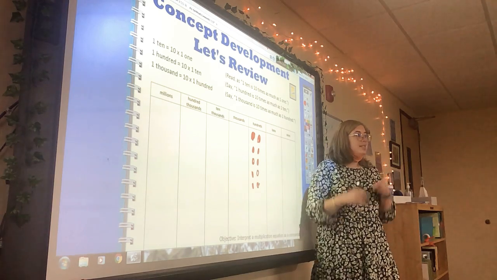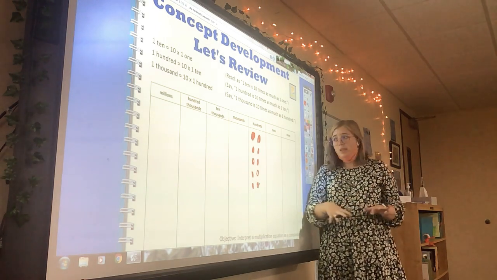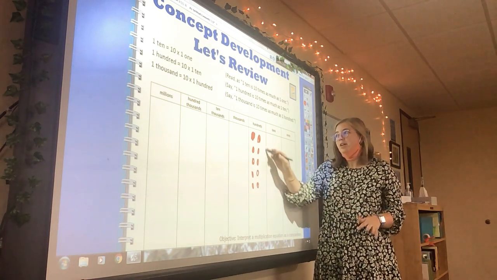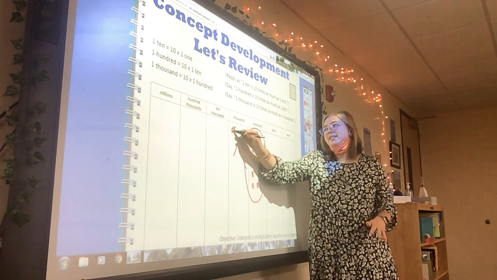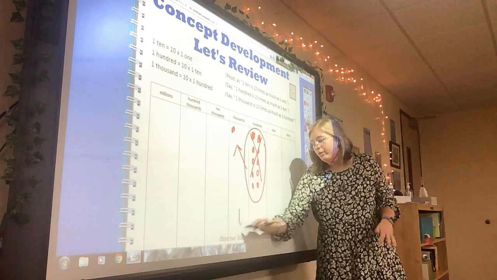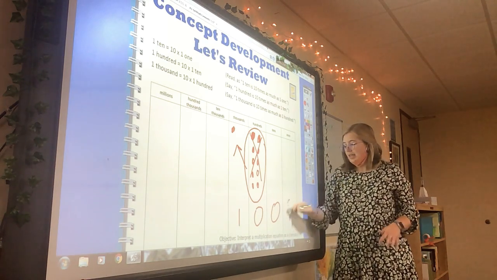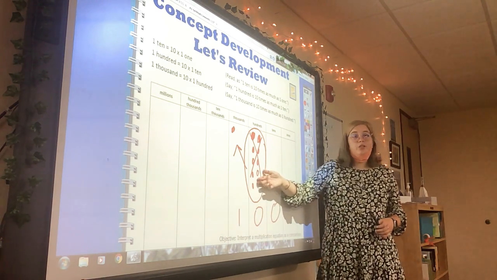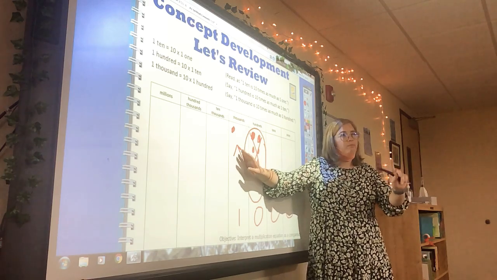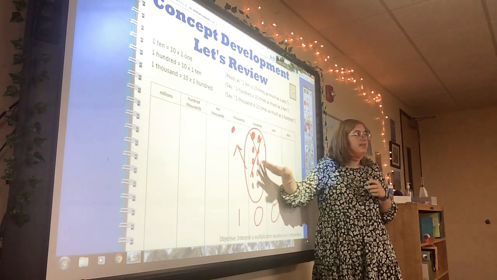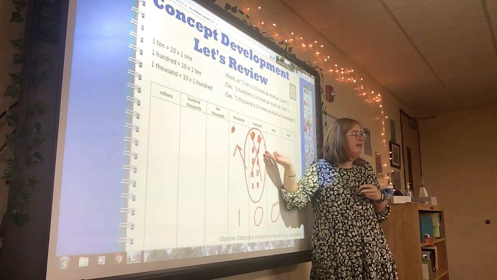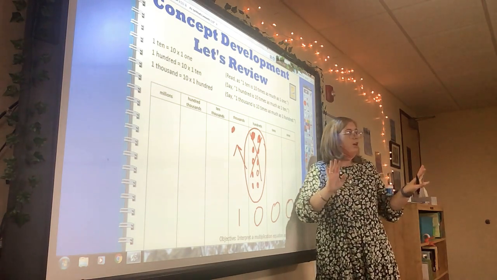Multiplied it by 10, made 10 copies of it, but I can't have 10 in a place value, so I gotta bundle it. Becomes 1,000, right? 1 0 0 0. So 100, or sorry, let me scoot back. Thank you. 1,000 is 10 times as large as 100. Okay? Make sense? Yes. Okay, good.